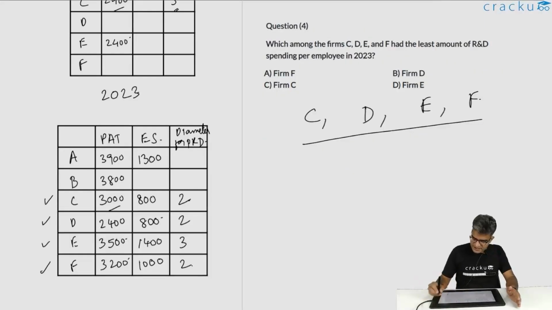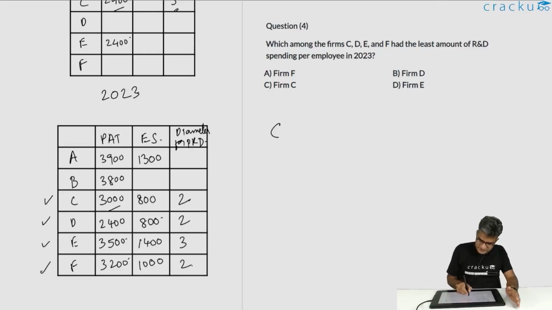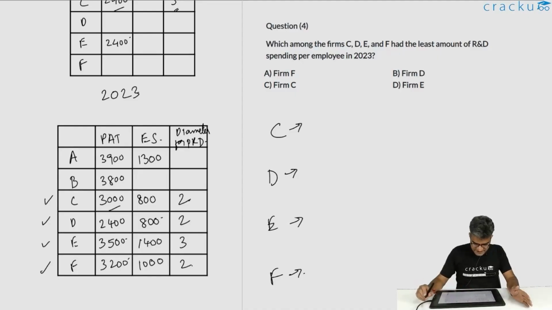So if you are calculating it for each of them, let me clear all of this off. For C, D, E and F. For C, the total amount spent on research will be 3000, which is the PAT, into diameter 2, so radius will be 1, so 1 square, divided by the employee strength, which is 800.